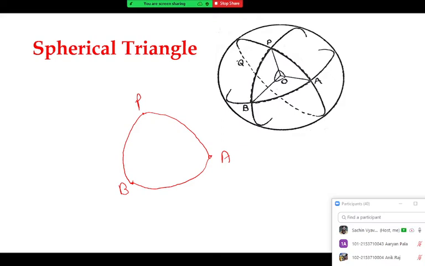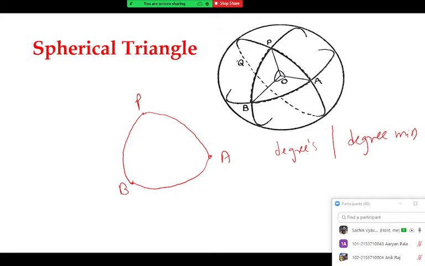So in this triangle PBA, you will observe there are 3 angles, capital P, A, and B, and 3 sides, say PB, AB, and PA. But the most important thing is that all 6 quantities are always given in degrees only, or in degrees and minutes.